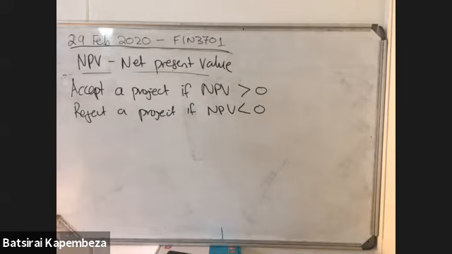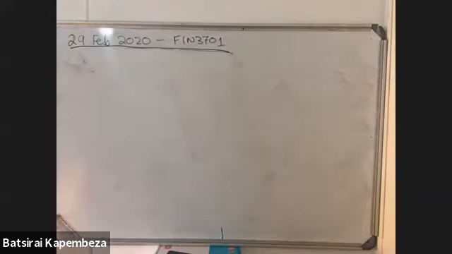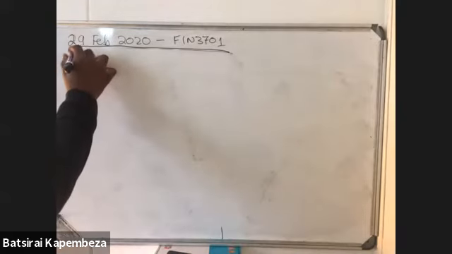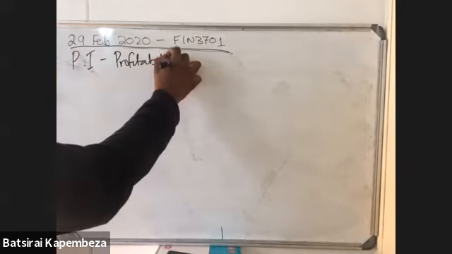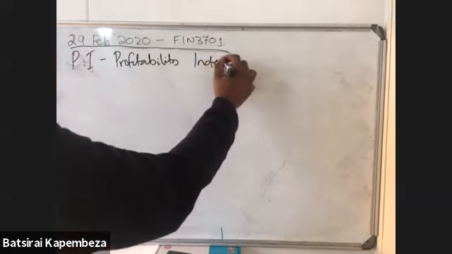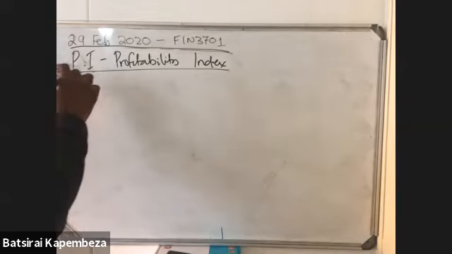The next capital budgeting technique is closely related to the NPV, and this is known as the profitability index. This is very closely related to the NPV.